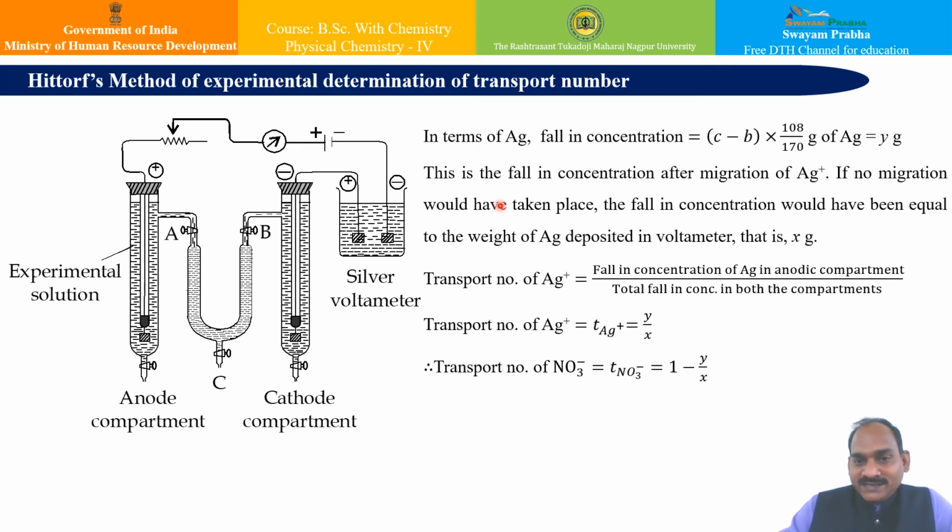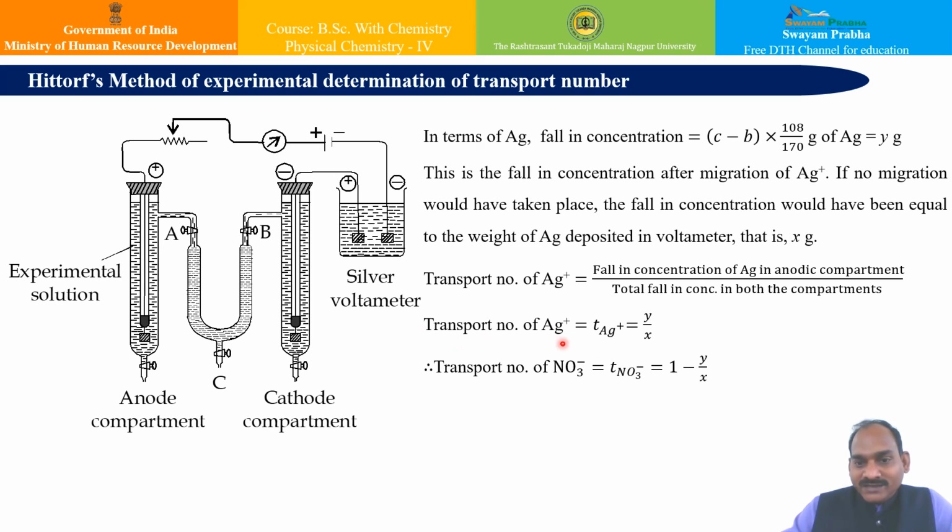So now this is the fall in concentration after migration of silver ions. If no migration had taken place, the fall in concentration would have been equal to the weight of silver deposited in the voltameter, which is nothing but x grams. And therefore the transport number of silver ion is equal to the fall in concentration of silver in the anodic compartment upon the total fall in concentration in both the compartments.